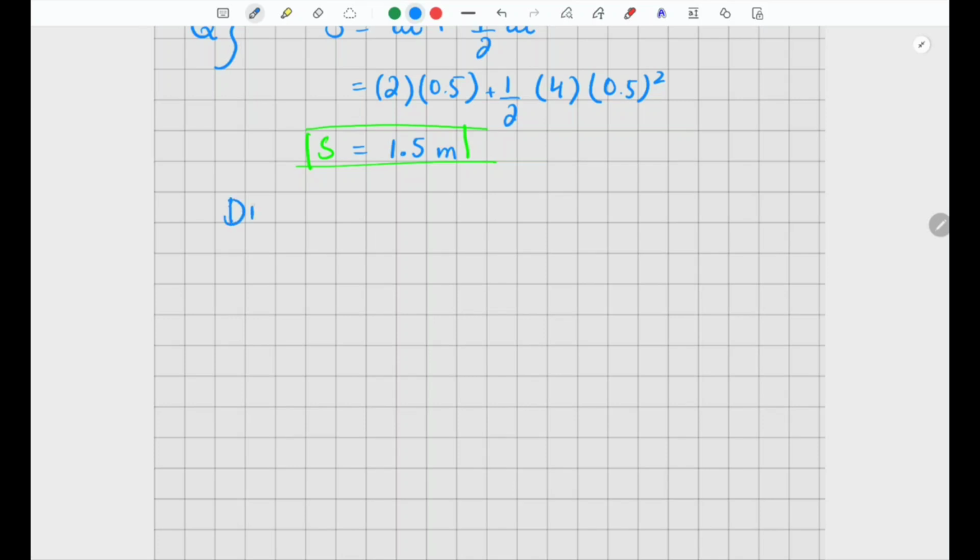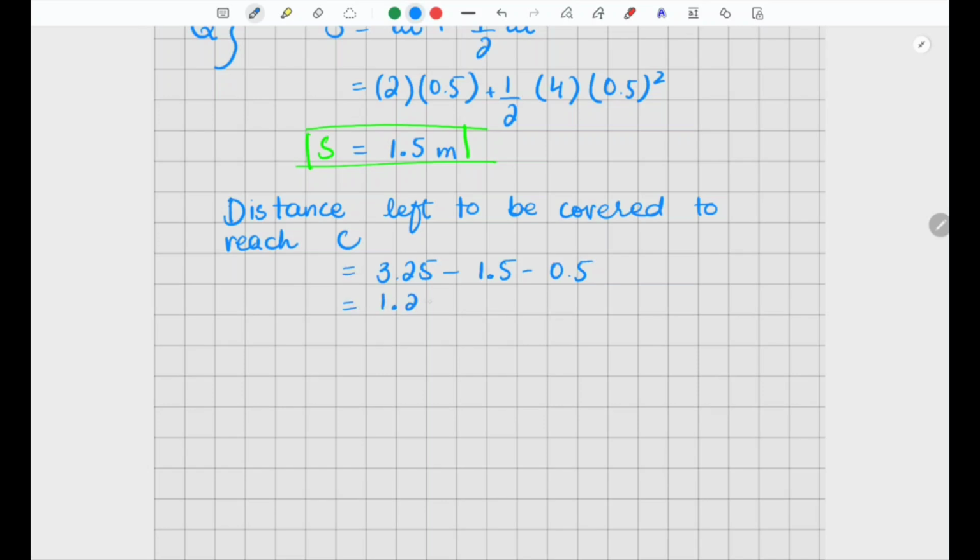The distance left to be covered to reach C will be total 3.25 minus 1.5 minus 0.5. So it is 1.25 meters that needs to be covered now.